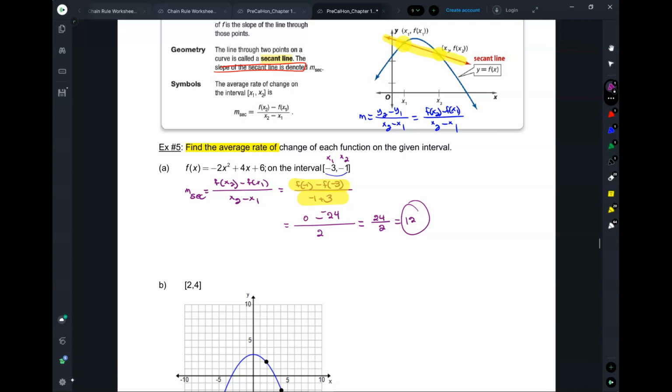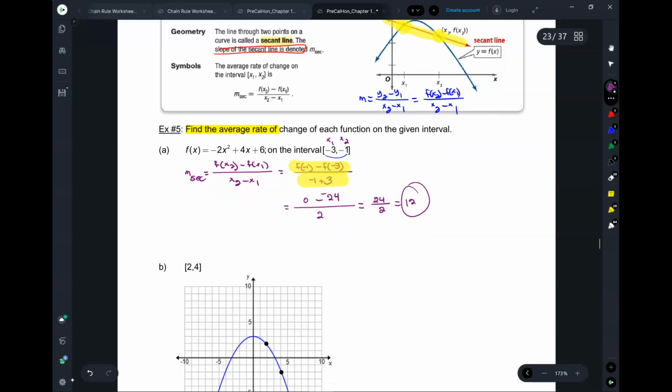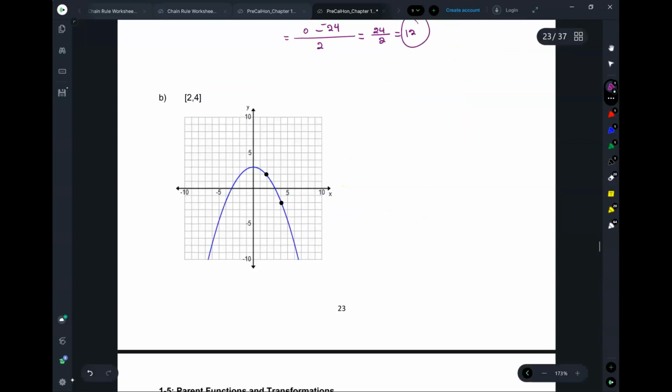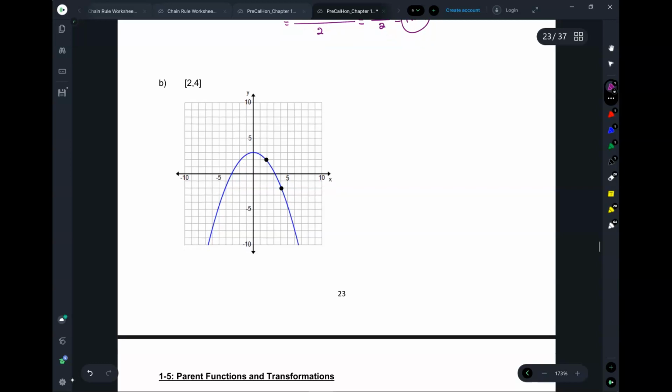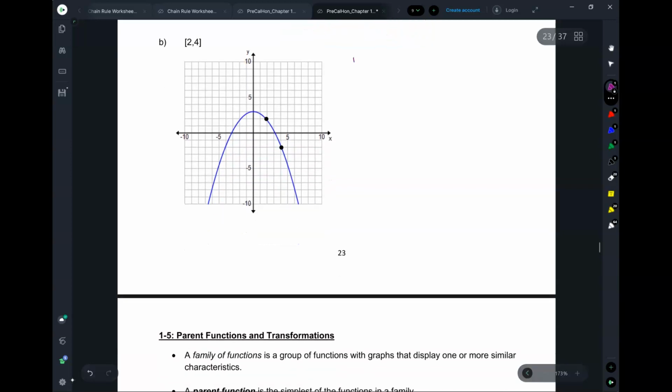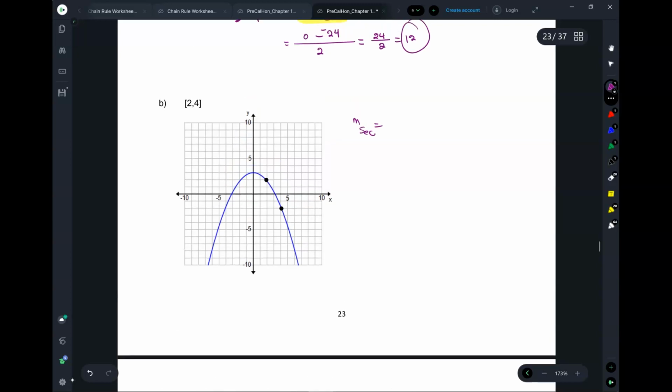Okay? Question? Yeah, where'd you get 0 and -1? Okay, that's what I was just saying. You plug these numbers, -1 and -3, into this function. Sometimes you'll be given the graph, okay? So the slope of the secant line between those 2 points is f of 4 minus f of 2 over 4 minus 2.